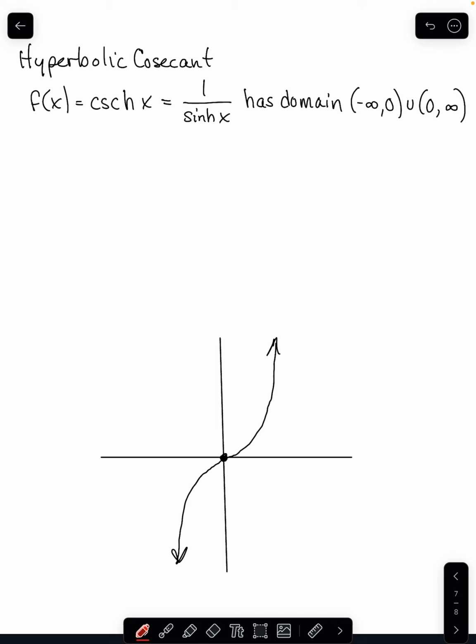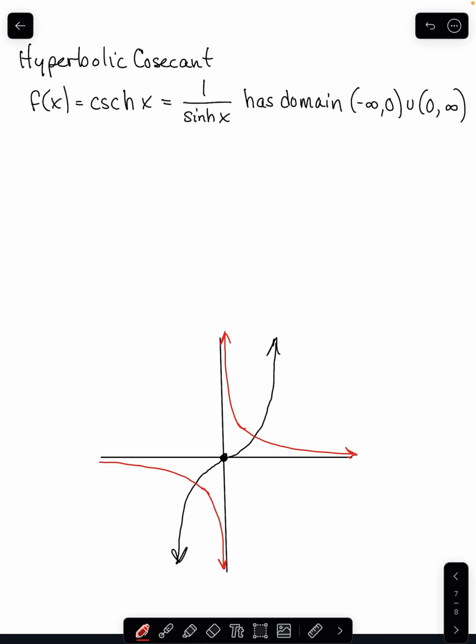Taking a look at this, as hyperbolic sine approaches 0 from both sides, hyperbolic cosecant will have to approach infinity. Positive when hyperbolic sine is above the axis, negative when hyperbolic sine is below the axis. But as we go further and further out to the side, hyperbolic sine will approach positive infinity on the right side, and as it approaches positive infinity, hyperbolic cosecant will have to approach 0.